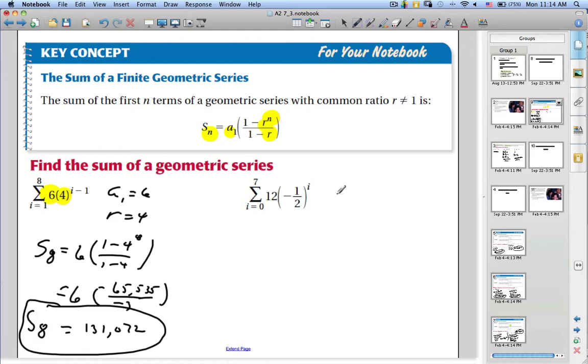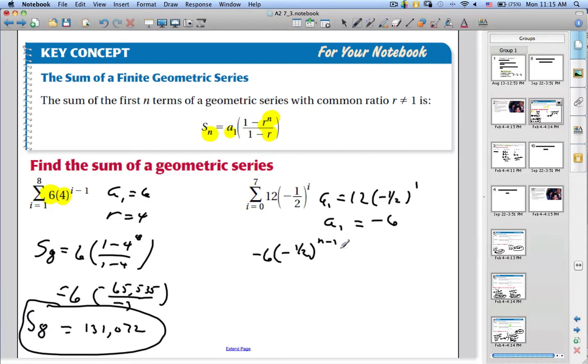If I plug 1 in for i, 12 times negative 1/2 to the first power becomes negative 6. So I'm finding a sub 1. 12 times negative 1/2 is negative 6. Now the rule is negative 6 times negative 1/2 to the n minus 1 power.